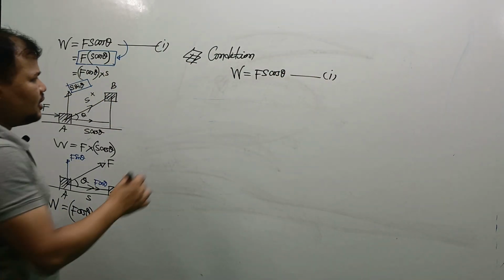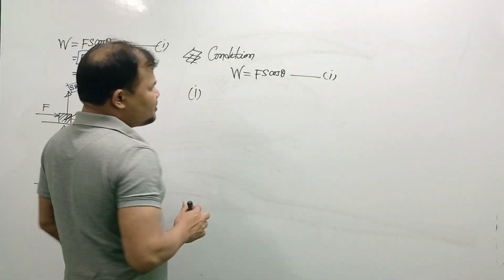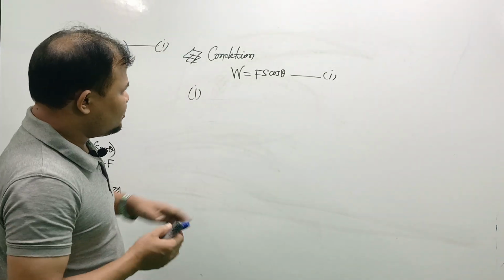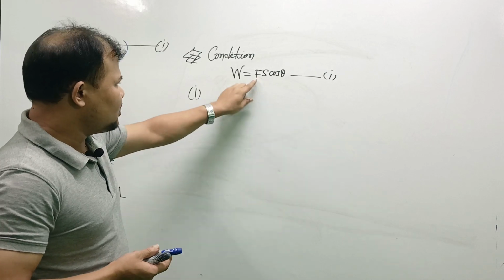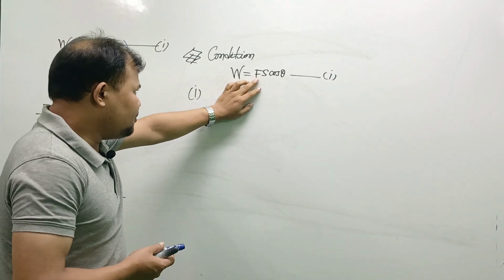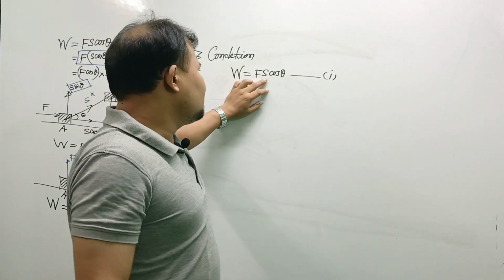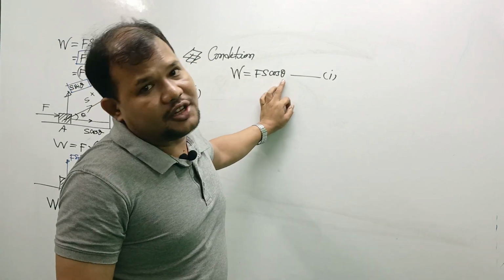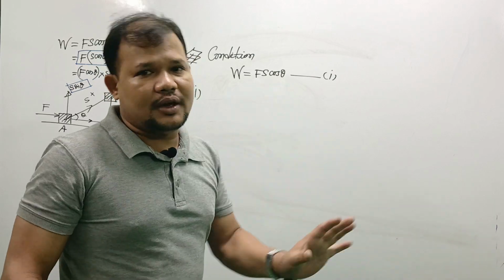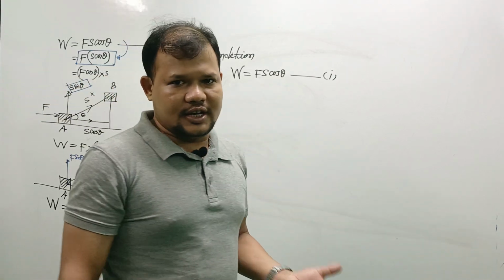Our first condition: here we can see three things, F, S and theta. If F is constant and displacement is also constant, then theta will be changeable, or variable. So the value of theta determines the work here.